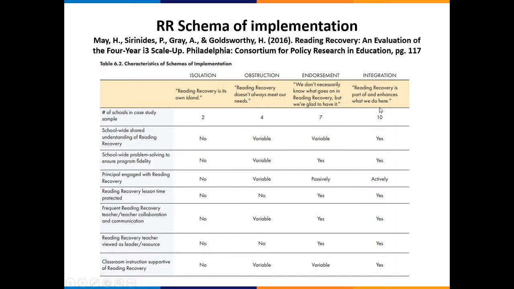Going over here, you have the integration schema, where Reading Recovery is a part of and enhances what we do. It's a critical tool, but just one tool the school has, and it's integrated fully into how the school works. But what this report doesn't have is any outcomes by schema of implementation.